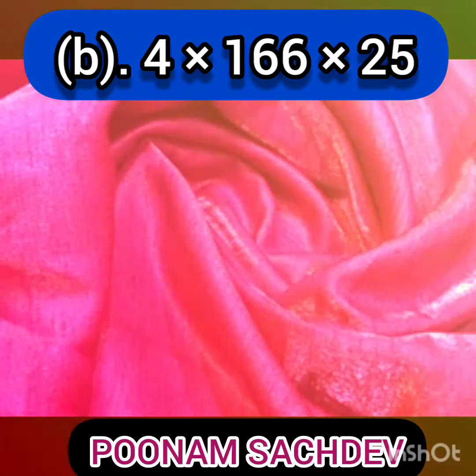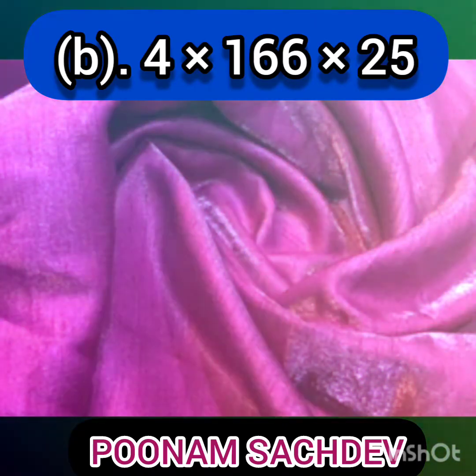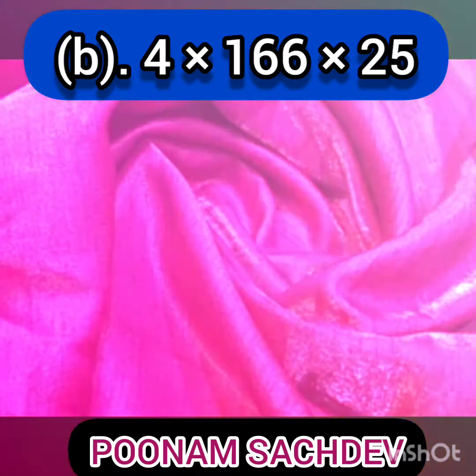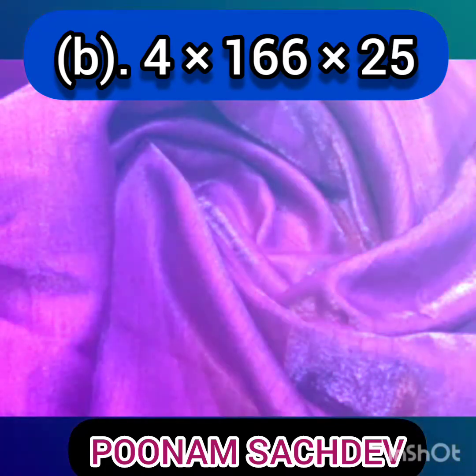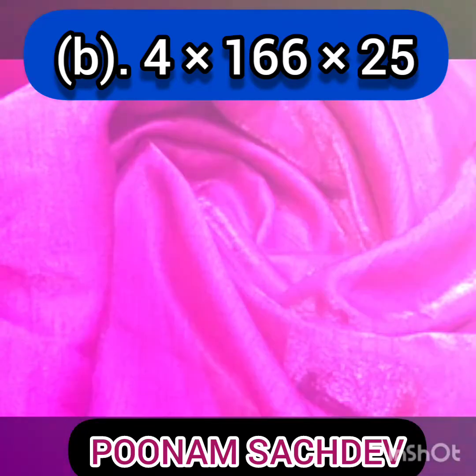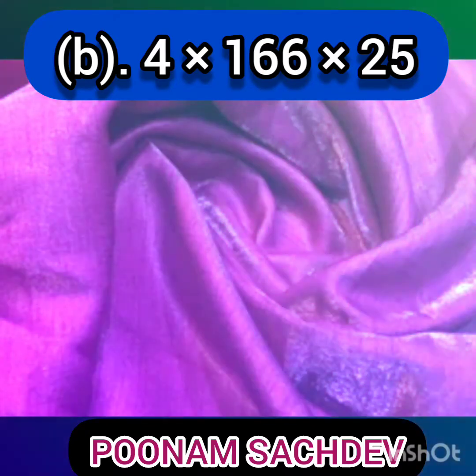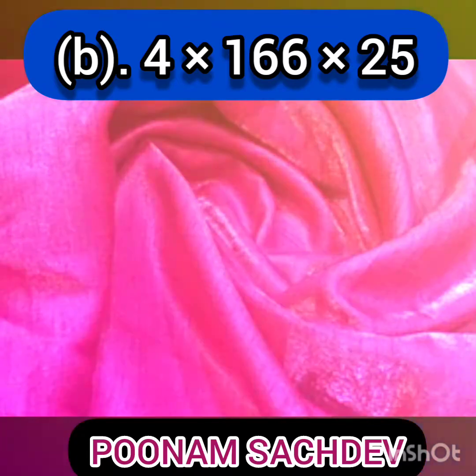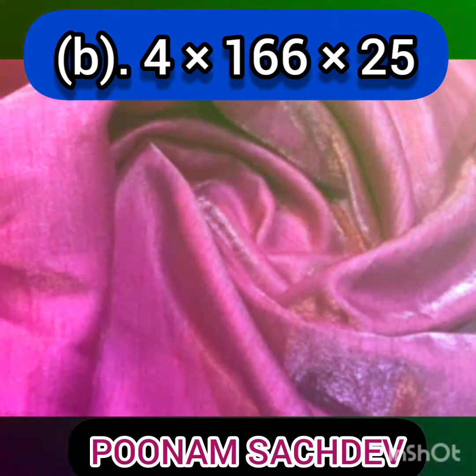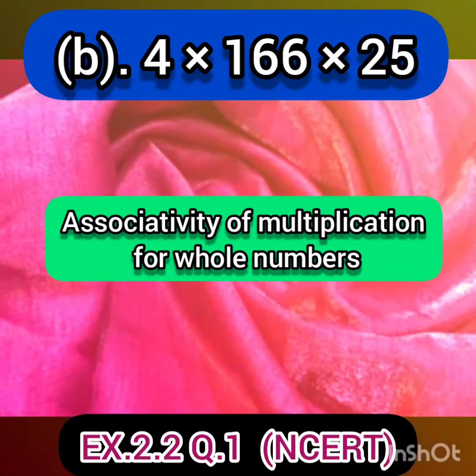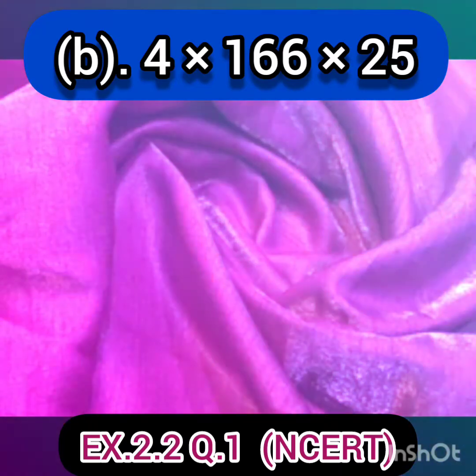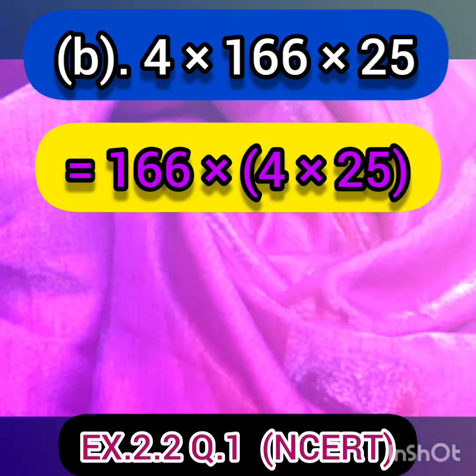B. 4 into 166 into 25. Now let's make a group for our convenience. Now let's use associativity of multiplication for whole numbers. Let's make a group of 4 and 25.